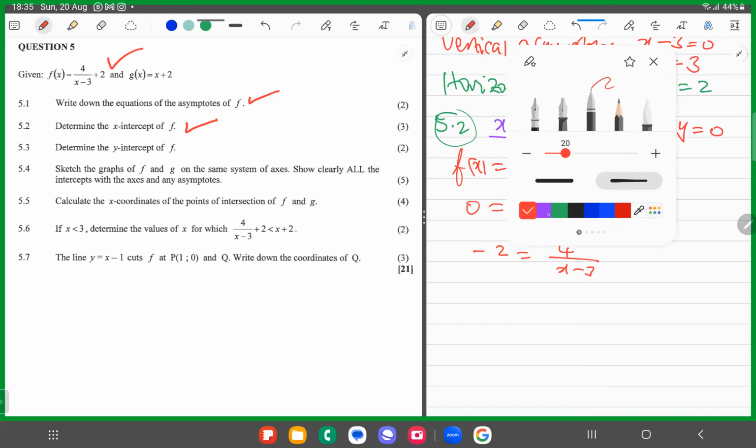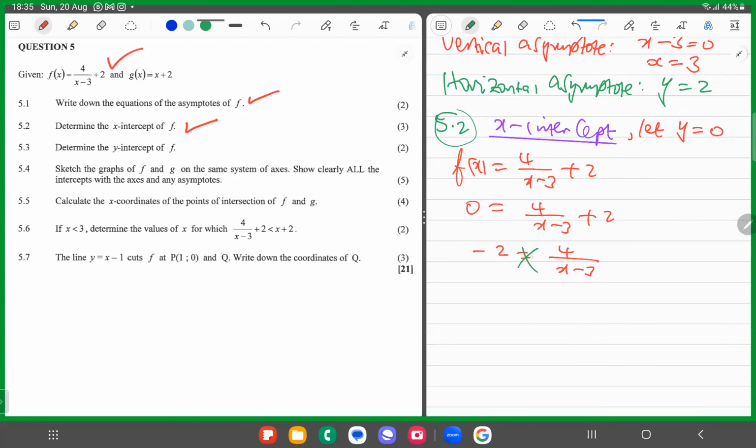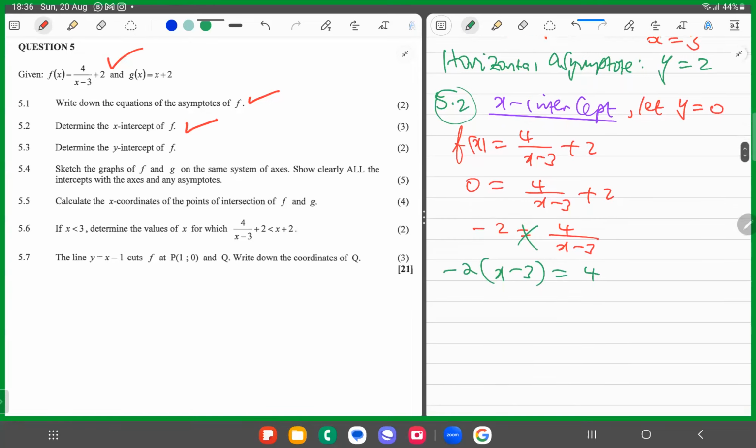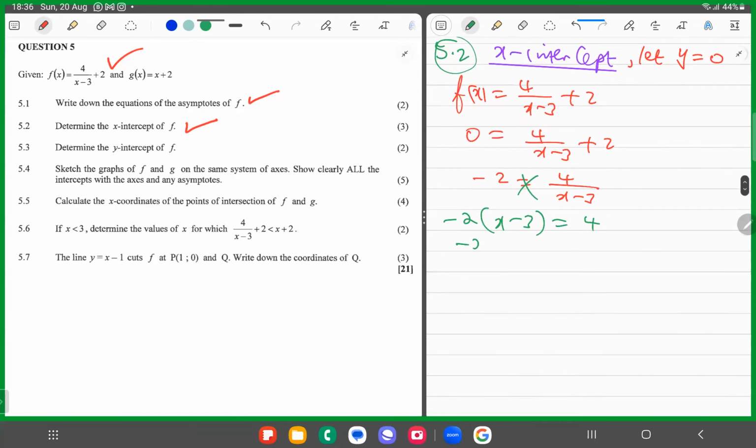We are at liberty to cross multiply, and it's minus 2 into x minus 3, which equals 4. This means we have minus 2x plus 6 is 4, which means minus 2x is equal to 4 minus 6, which is negative 2. If we divide both sides by negative 2, we get that x is equal to 1.